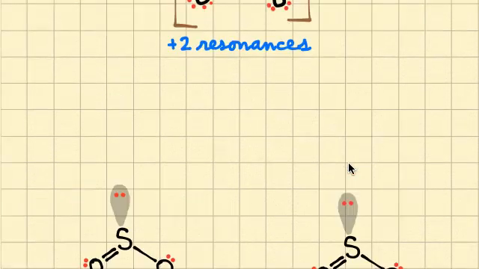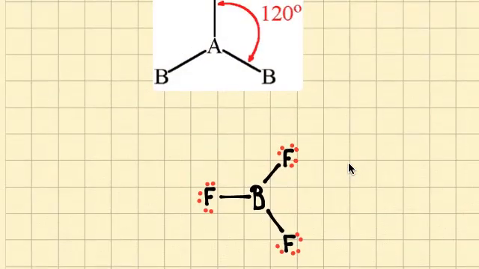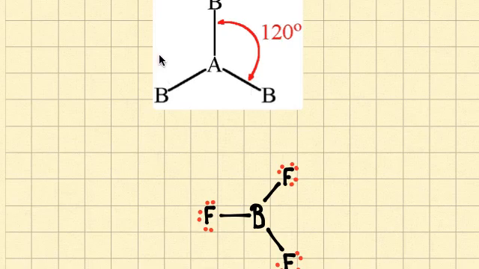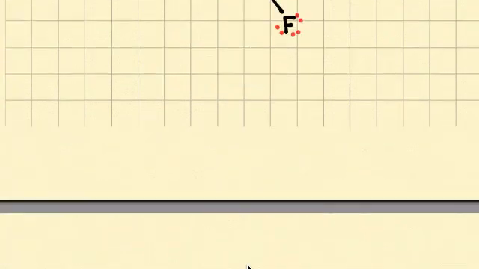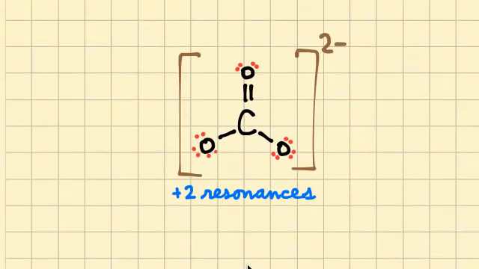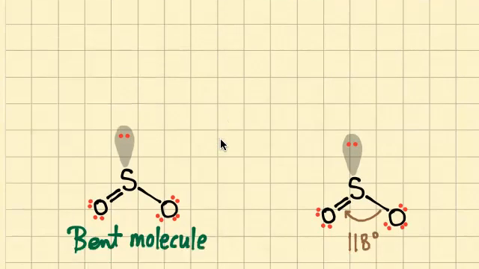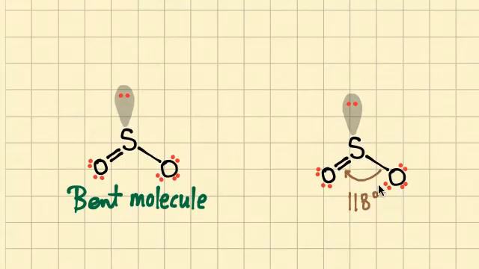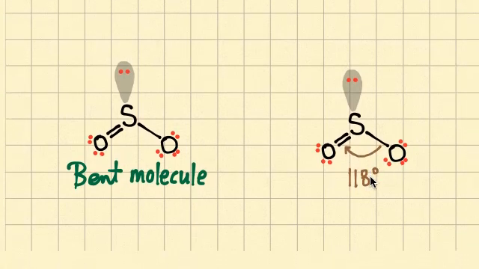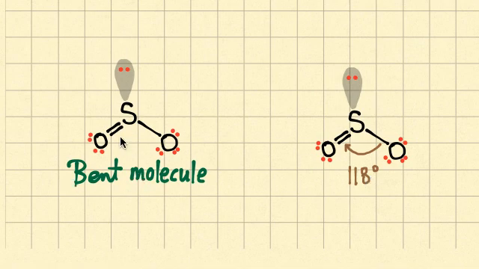So instead of 120 like I had up here, here I'll have a little bit less than that if you care, but if you said 120, that'd be kosher, but technically it's a little bit less than that. Oh yeah, we call the molecule bent, even though the electron pair geometry is trigonal planar, triangle flat. The shape of the molecule, the molecular geometry, is called bent.